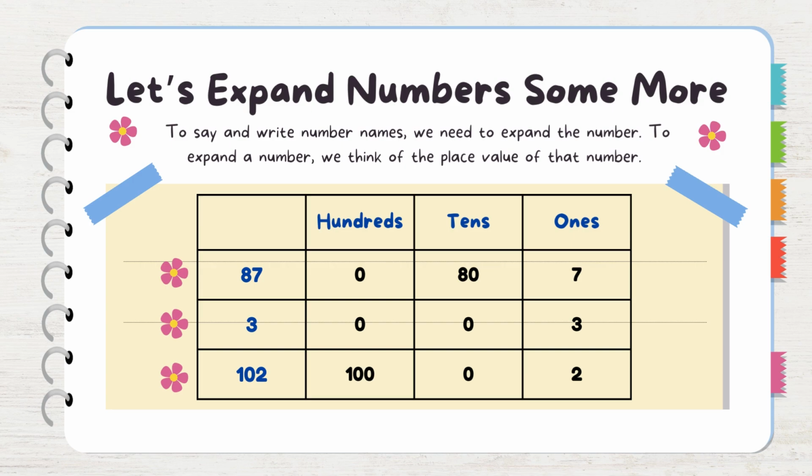And of course, if we have only 3, then it will be under the ones place. If you have 102, so you have 100 in the hundreds place, and we don't have the tens place, so we will put 0 and number 2 in ones place. So that's 102.